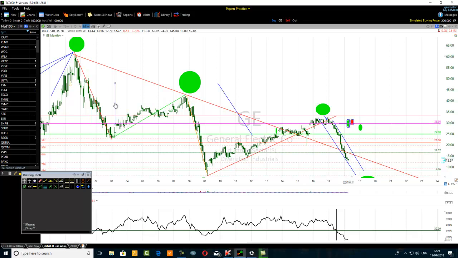If I use a very conservative measuring stick from the neckline to this top, not all the way to this top even, just to this top here, that's what professionals do, because you want to be a conservative trader. If you are a conservative trader, you'll be all right.